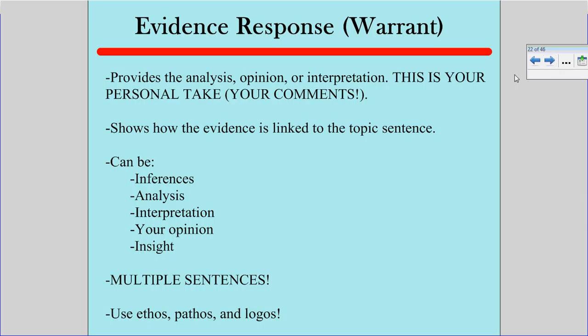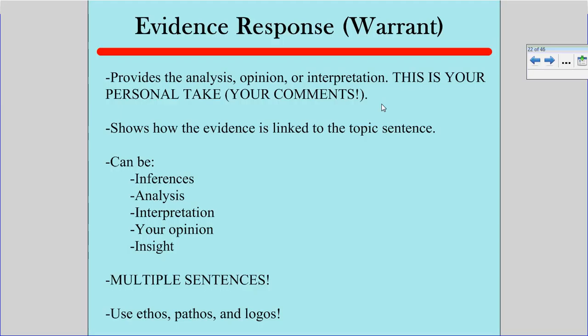So to simply review, your evidence response is what you guys are working on, and this is what we refer to all year as the warrant. This provides the analysis, opinion, interpretation of your evidence. This is your personal take, your opinion, your comments. You also need to show how your evidence is related to your topic sentence.